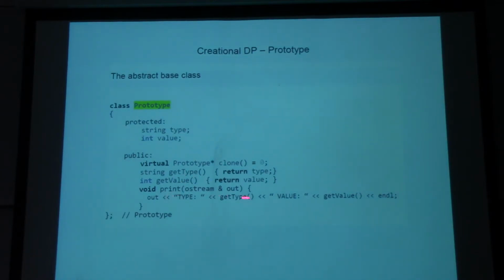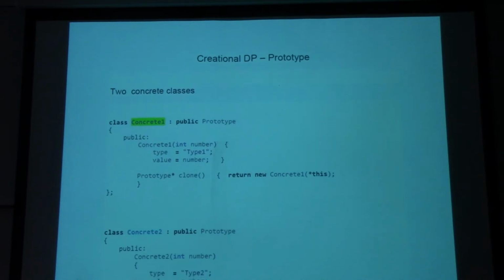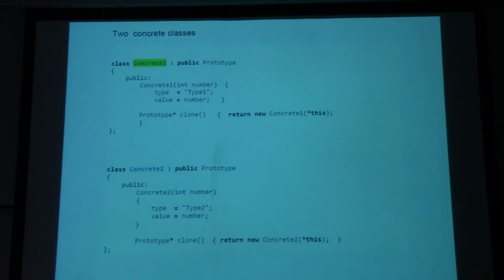There's a print method that's coded. But there's one method here, which is clone. And this method is virtual and it's pure. So it's a pure virtual method, returns a pointer to a prototype. So now this class cannot be instantiated, but it can be subclassed. So concrete 1 and concrete 2 are both subclasses which are going to extend or subclass the prototype class.